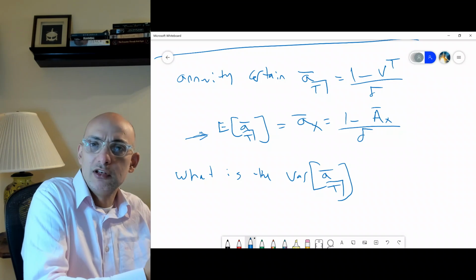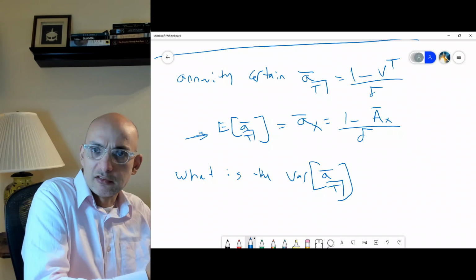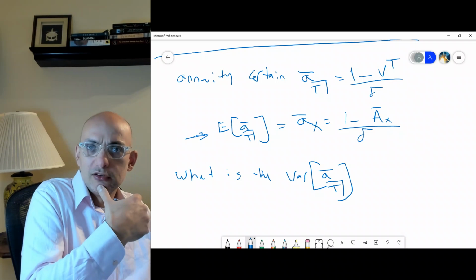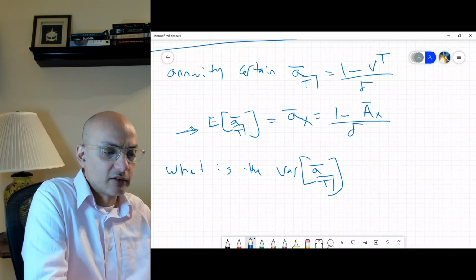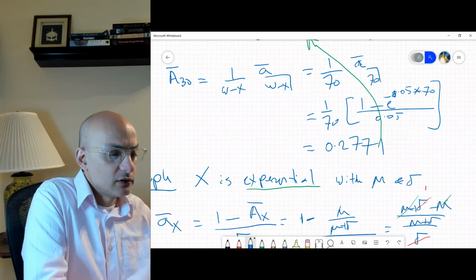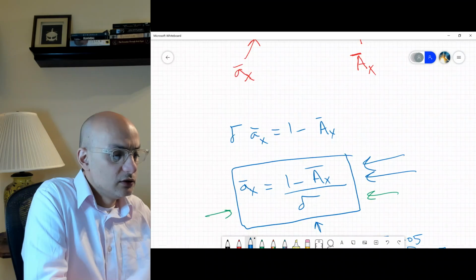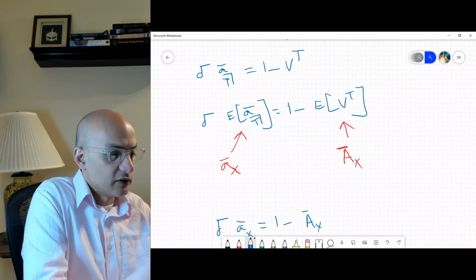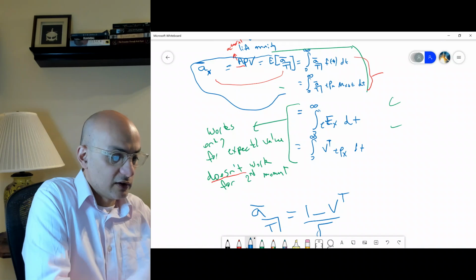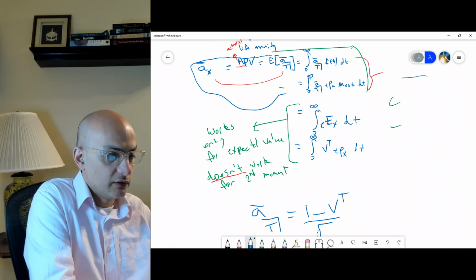So you need to control the risk by increasing the amount you need to keep. So we need the variance. As I warned you before, we cannot use this kind of integration for the second moment, only for the first one.